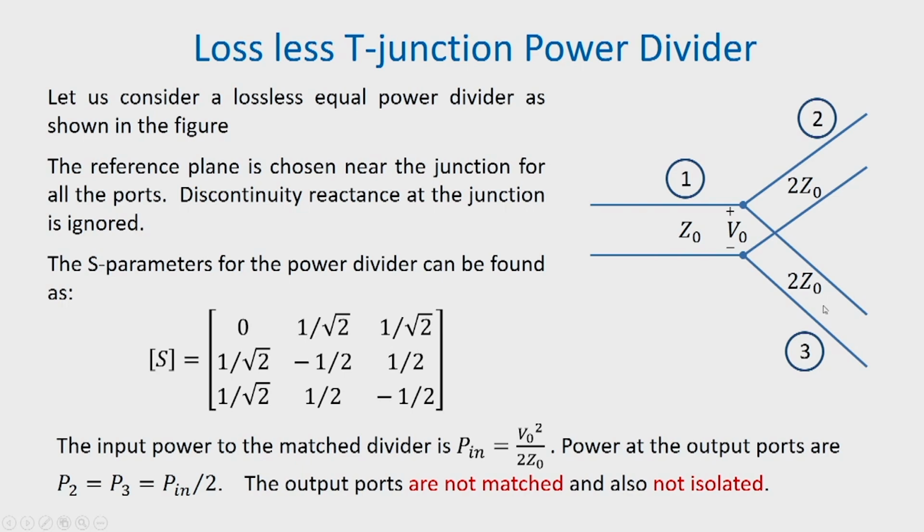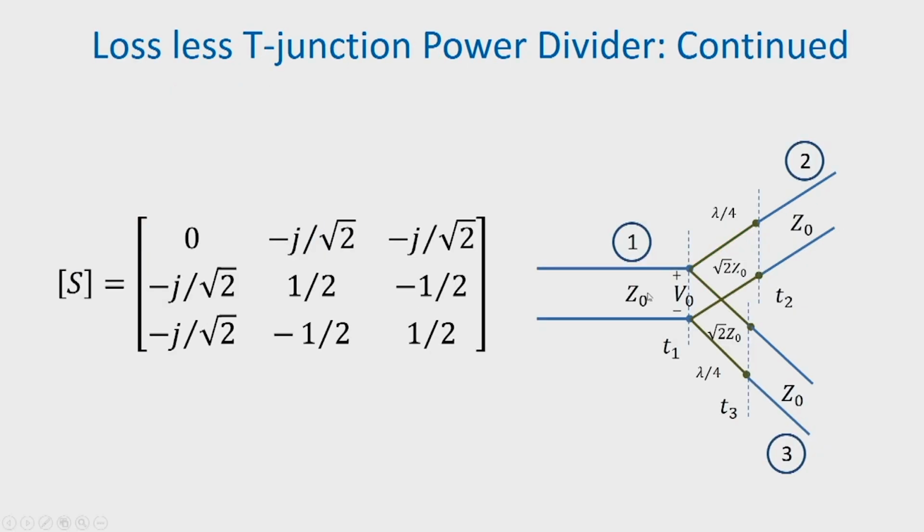We can also have unequal power division from this configuration, only the port impedances are to be chosen appropriately to make the power division unequal. It may be noted that in the previous lossless divider, we had the port impedances different.